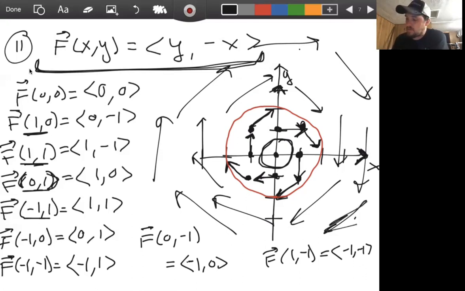And so these kinds of vector fields are very good for modeling a hurricane or a tornado or a cyclone or some sort of rotational storm, right?